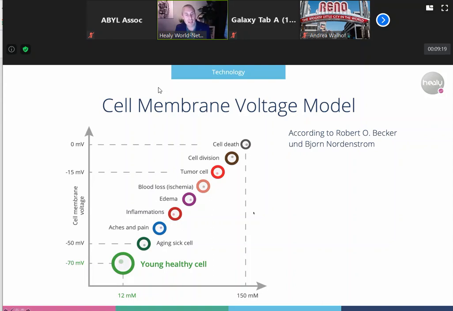So what the Healy is doing is creating little microcurrents, little electrical currents. It is helping the cells and the environment to get negatively charged again. So what's happening, it's stimulating a certain kind of tissue.